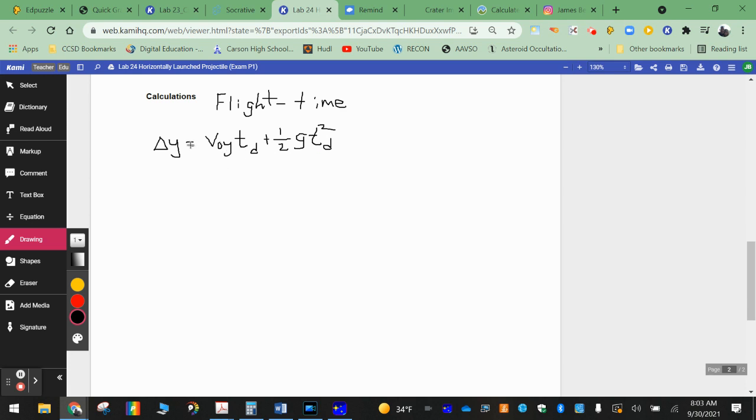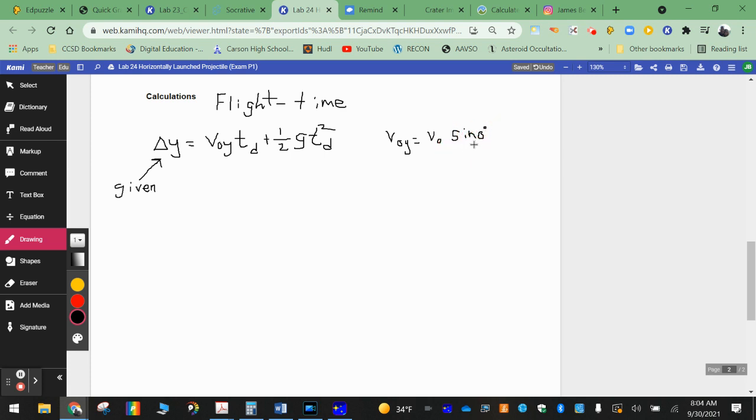Now we've got to plug some values in here. Did we measure this already? Yeah, this was already given to us. Trevor in this case measured this for us. Now take a look at VOY. Let's recall VOY is going to be VO times the sine of 0 degrees.